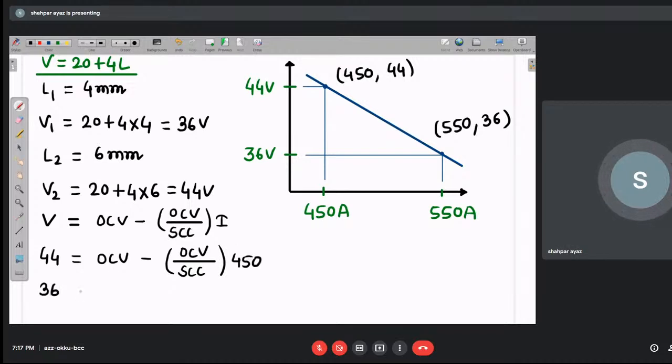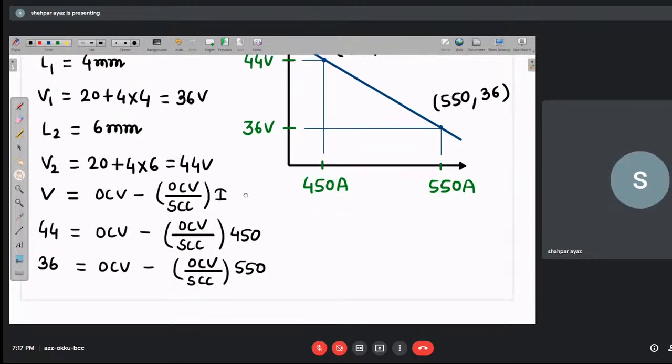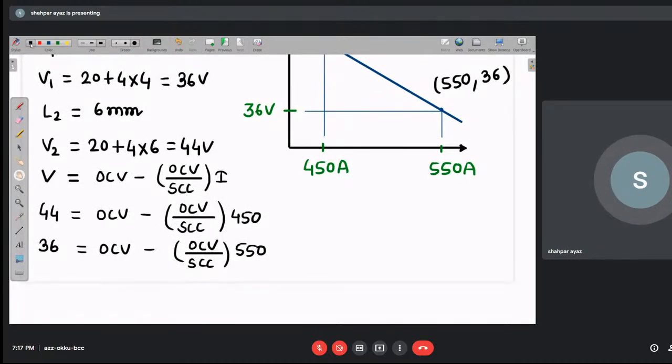36 is equal to OCV minus OCV by SCC into 550. So here what we have, this is your minus, this is your minus, this is your plus.